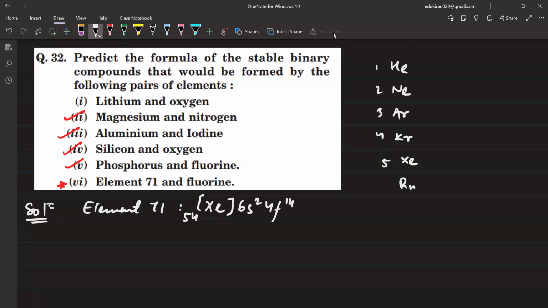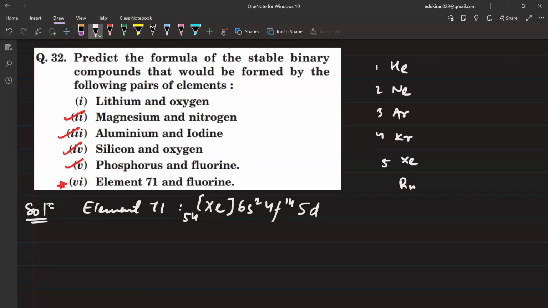By the way, how many electrons do I need here now? 71 minus 54 is 17 electrons. So one more electron after 4f14, so 4f15.